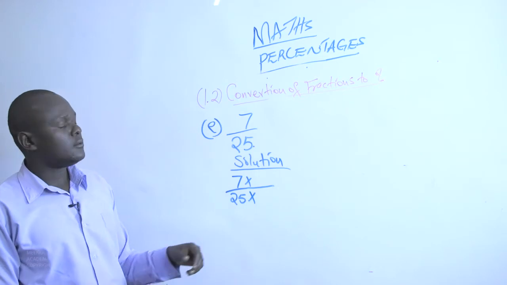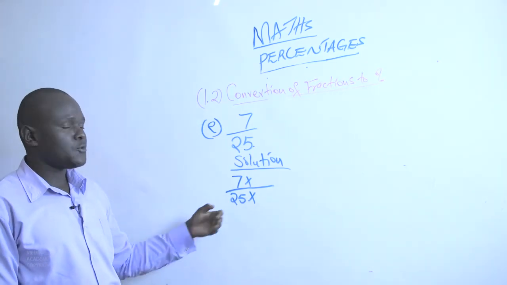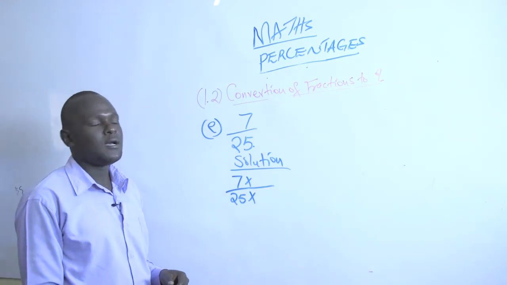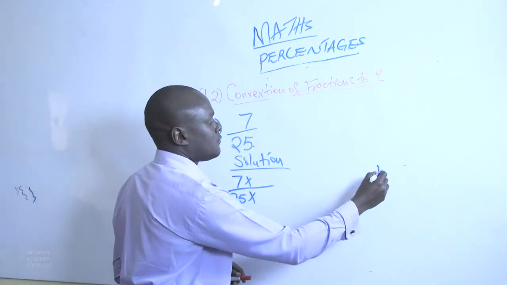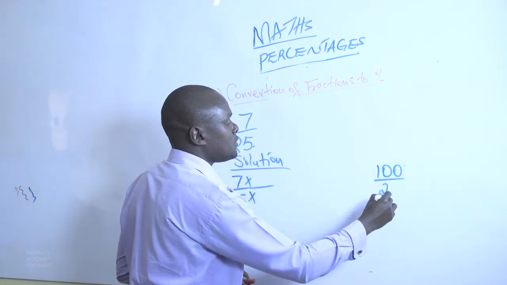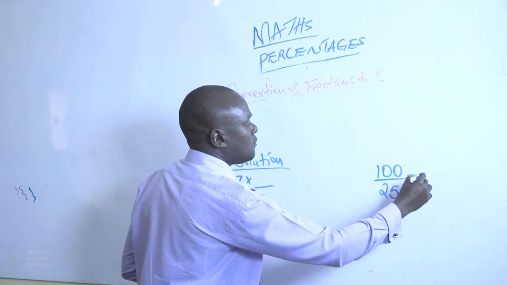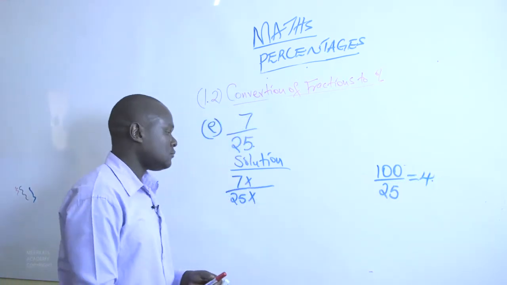We look for a number such that when it is multiplied by our denominator, which is 25, it should give us 100. This is 100 divided by our denominator, which is 25. It gives us the number 4.